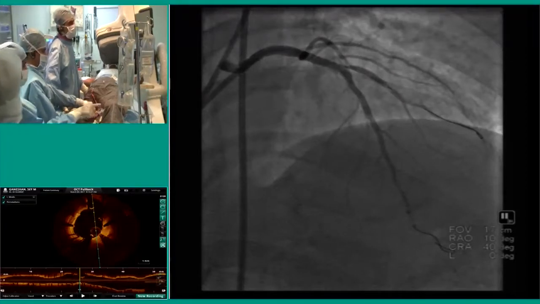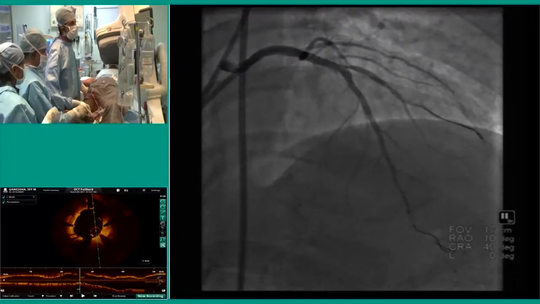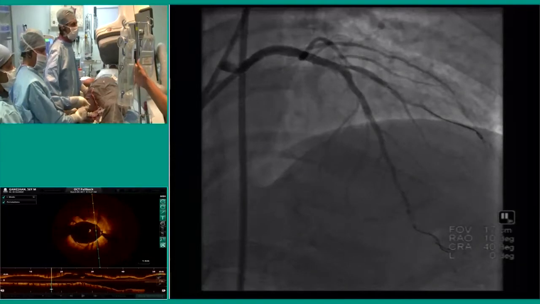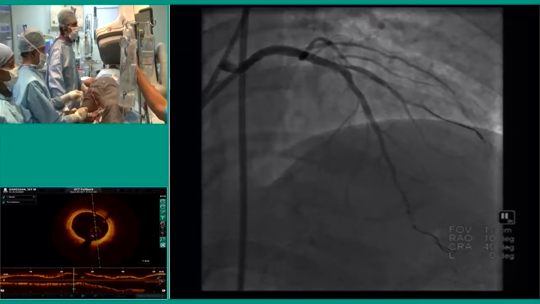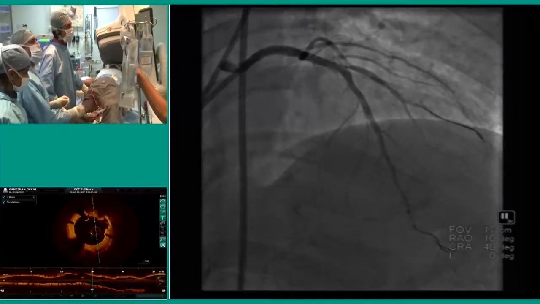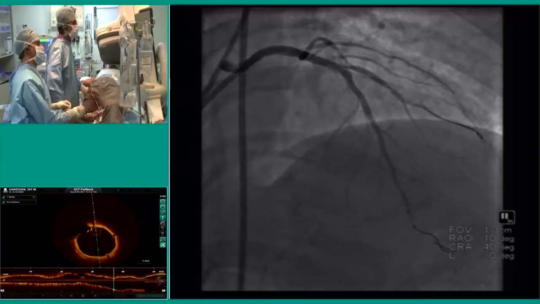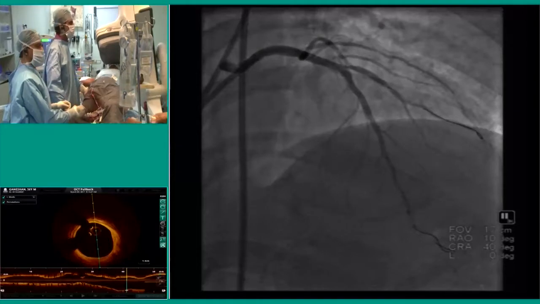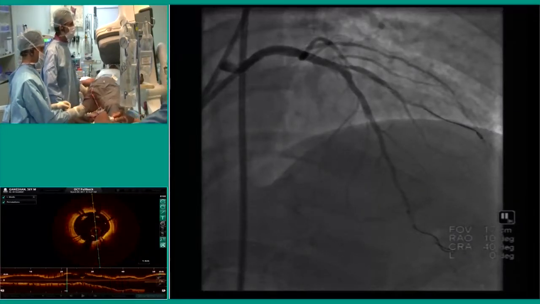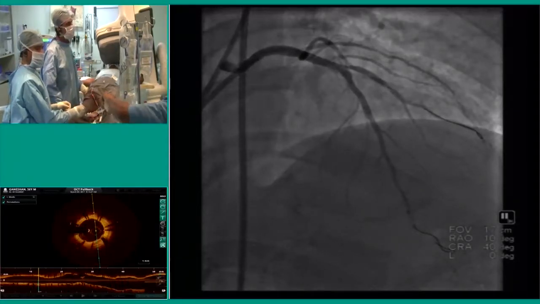So the message in this case is imaging really helps to understand the plaque characteristics and plan the appropriate strategy. It's important to choose the size of the stent according to the vessel dimensions. When you have a tapering vessel like this, you have to have a stent which has better expansion capabilities.